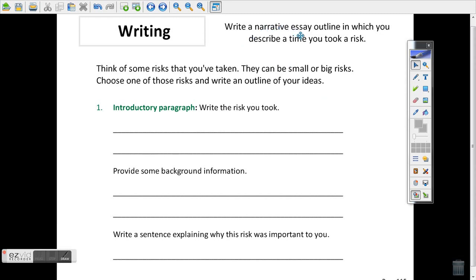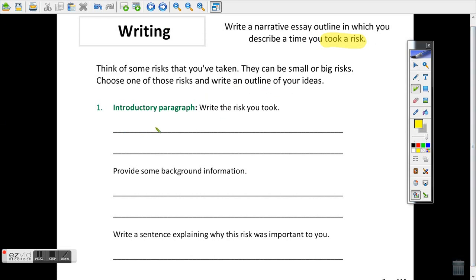Write a narrative essay outline in which you describe a time you took a risk. Think of some risks that you've taken. They can be small or big risks. Choose one of those risks and write an outline of your ideas.